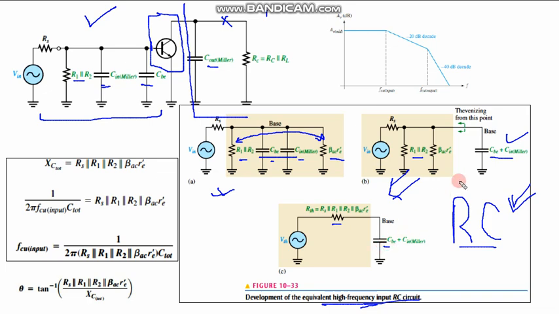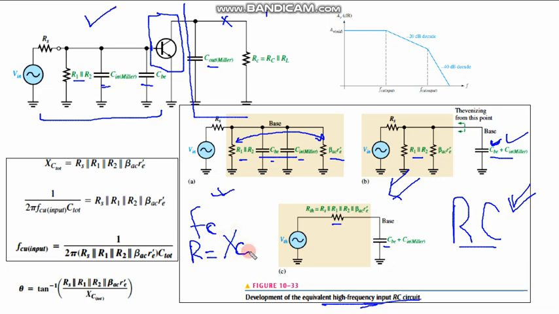Now C is given by this formula, this combination of CBE and C in Miller, and R, the equivalent resistance, is given by this. Now for a critical frequency, the condition is that this R would be equal to XC.